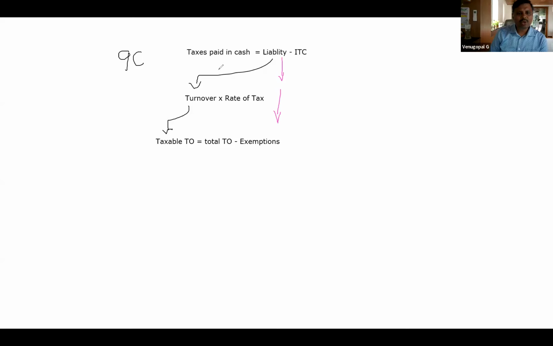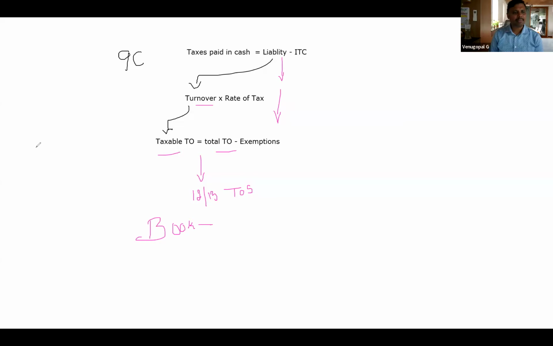Now, where do I get the turnover, taxable turnover, total turnover? From where will I get it? Strictly interpreting, I will be getting it from section 12 or 13, which otherwise we call time of supply. Now, how do I get it? I would be getting it from my books of accounts. There is a difference between the revenue in the books.